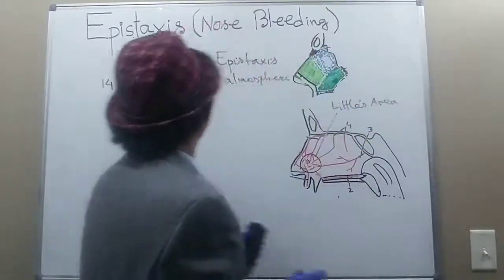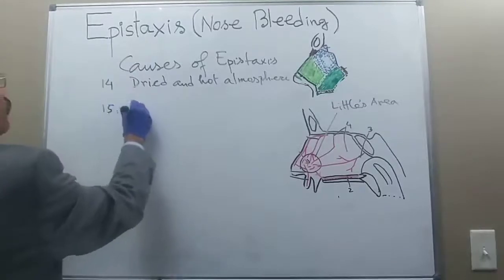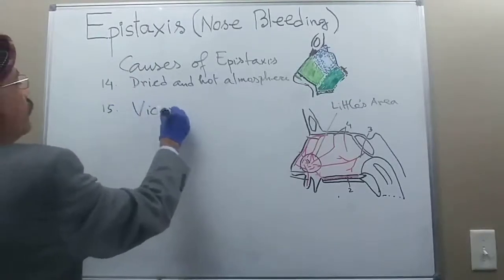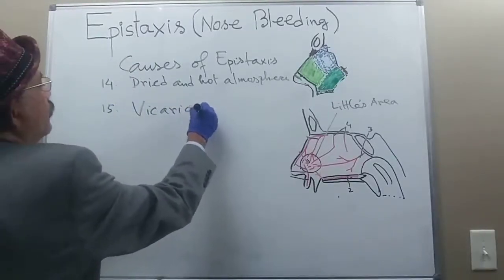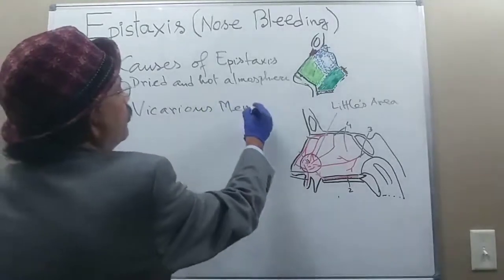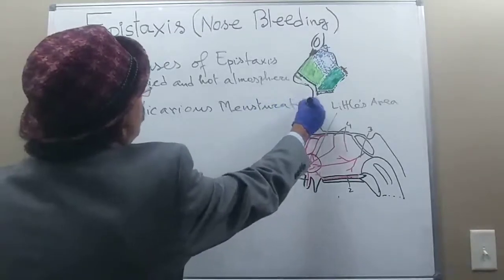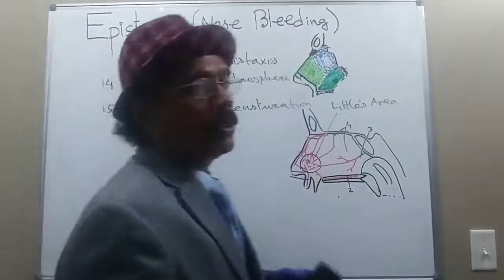We have one more important point, that is called vicarious menstruation. Especially it is seen in females during the menstrual period. During the menstrual period there may be hemorrhage from the nose.